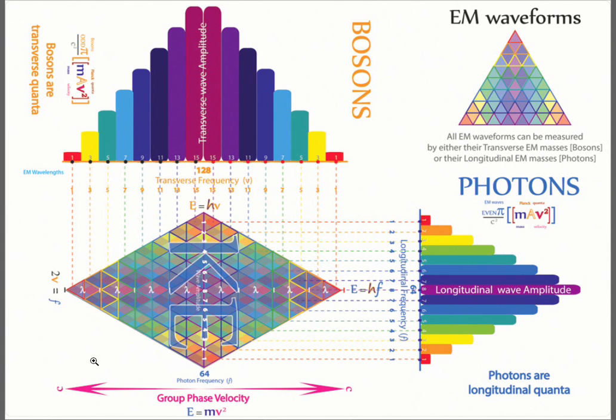It also shows us, in the case of all EM waveforms with energy momenta, longitudinal measurements or photonic measurements of the energy of the field gives us a different wavelength and different properties, different quanta, to that of boson measurements or transverse measurements of the same energies. The energy momenta, of course, is also focused in the square root of the energy in the direction of propagation, and that's a longitudinal direction.